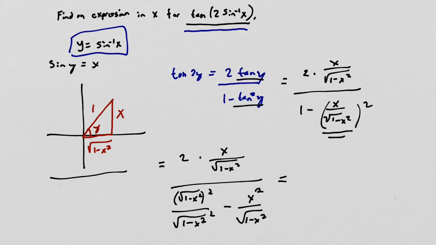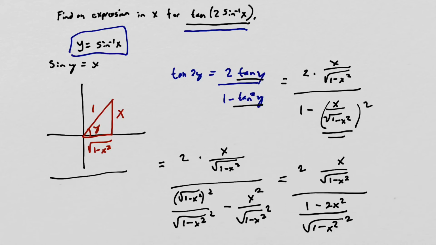Now, since we're going to be dividing fractions, well, let me simplify this one step real fast. This is going to be 2x divided by the square root of 1 minus x squared, all divided by 1 minus 2x squared divided by the square root of 1 minus x squared, squared.